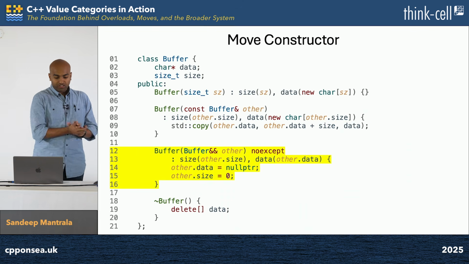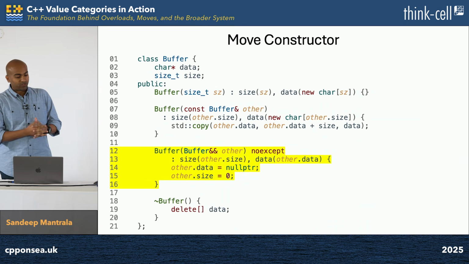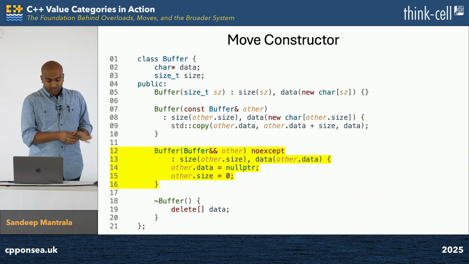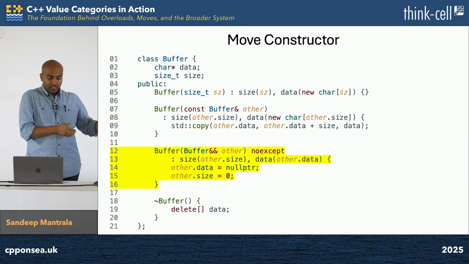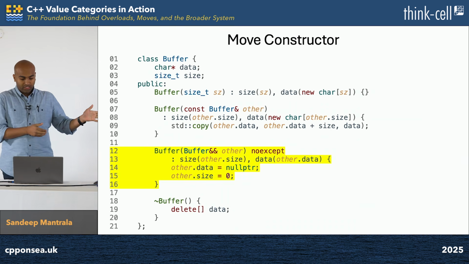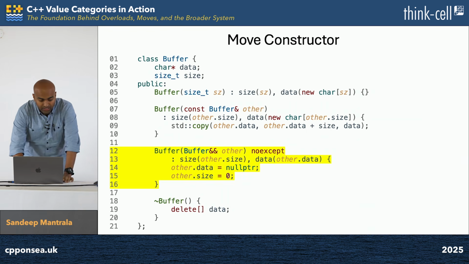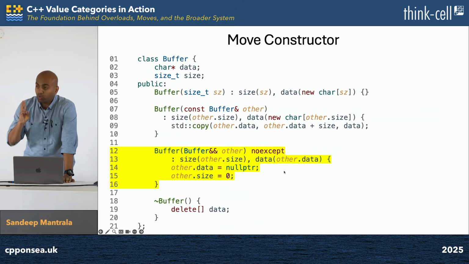So everything we discussed so far, let's see what it boils down to. Here is an example of a move constructor, which is using T&&. Because it's a T&&, it binds only to expiring values or temporaries, both of which are movable in nature. So what do we do here?